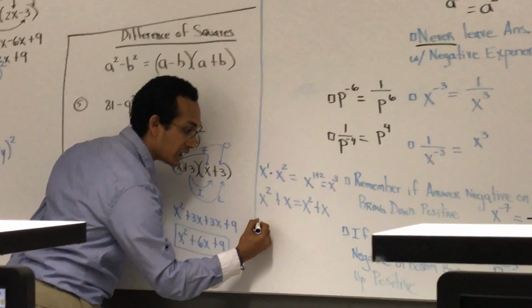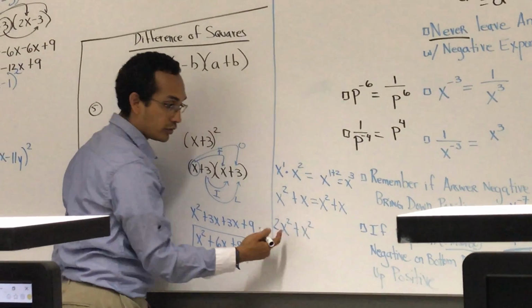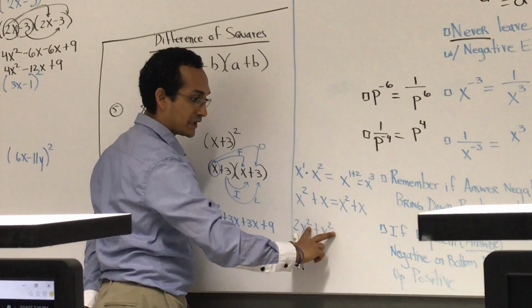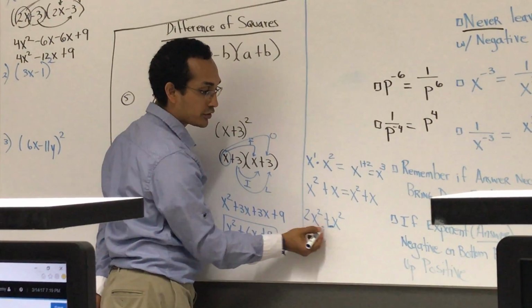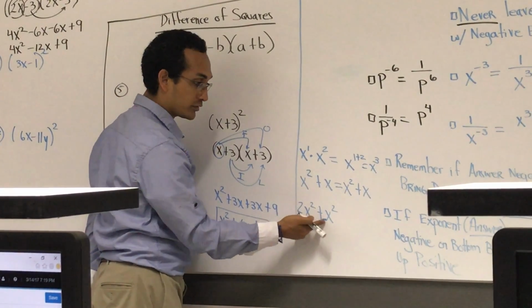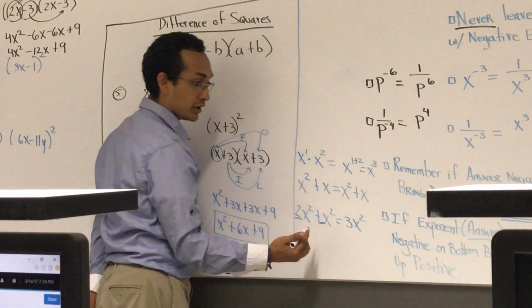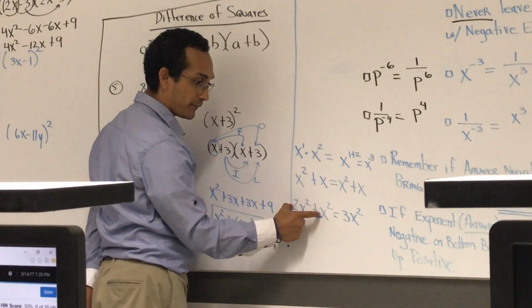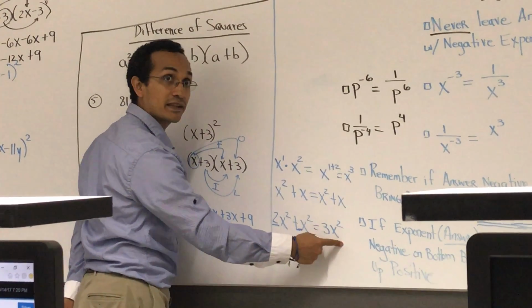Here, if I were to have 2x squared plus x squared, notice I have the same base, the same exponent, and now I can add the coefficients, which are the numbers in front of the letter. So 2 plus 1 becomes 3, 3x squared. Notice that I only added the coefficients and left the letter and the exponent the same.